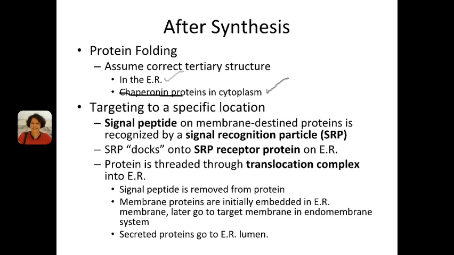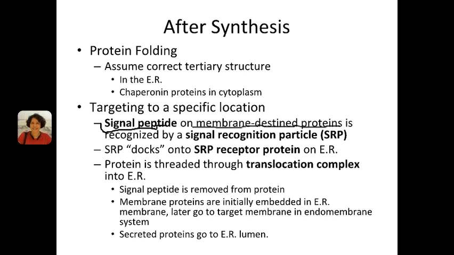So how does a protein get to its correct location? If it's a protein that's going to be a membrane protein, or if it's part of the endomembrane system, it is going to have a signal peptide.